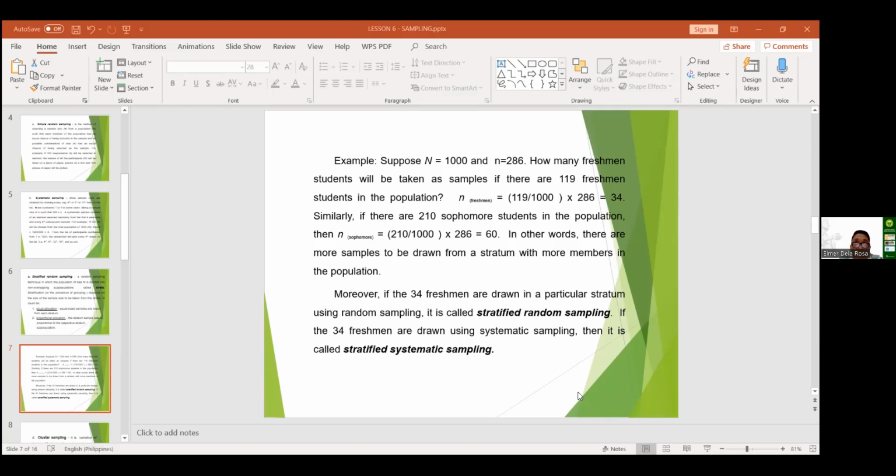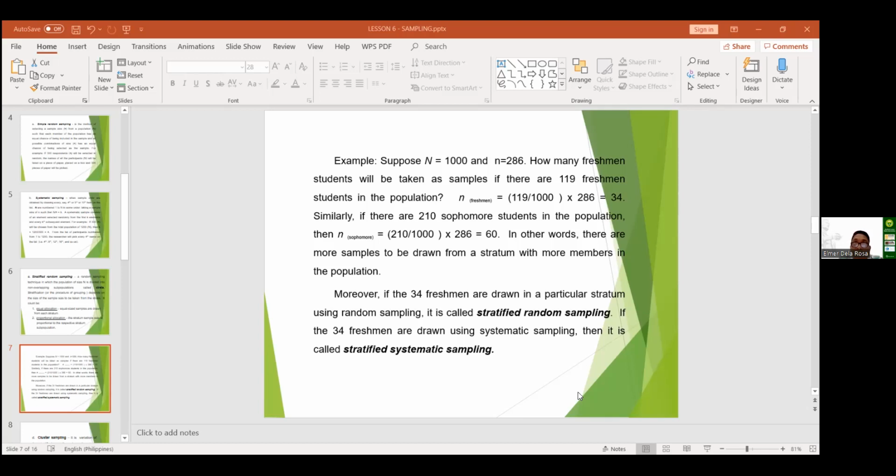So kung mas marami ang lalaki sa babae at gusto mo ng stratified na proportional, i-proportion mo din doon sa sample size na yun. Hindi pwedeng equal. Halimbawa, 90% lalaki, 10% babae. Dapat sa sample mo, ganun pa rin siya. Kasi kung mag-random ka, baka puro babae o puro lalaki ang makuha mo. Eh, variable mo yung gender. Ganun din dito.